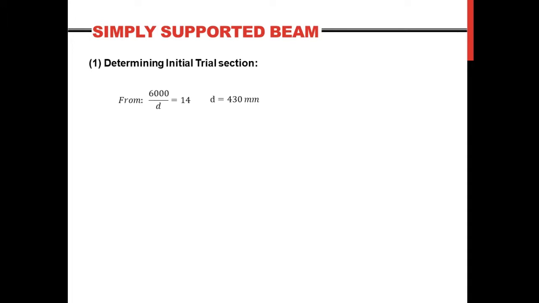Okay, so my D from this ratio, I have the L, so my D is going to be 430, but I'm going to take my D to be 450, and that's fine. Also, we said if the D is 450, then the B is going to be a third or half of this.